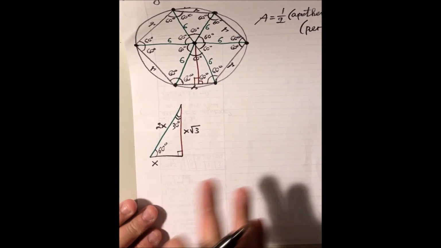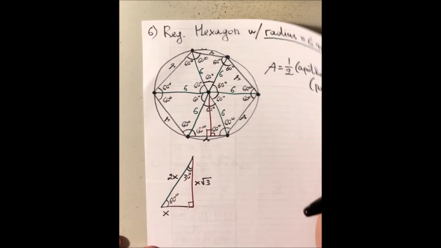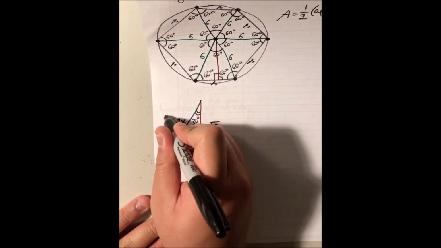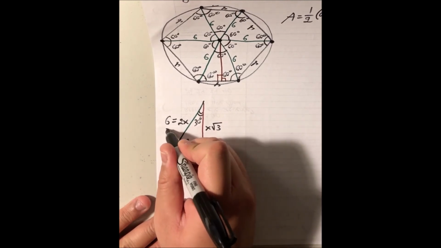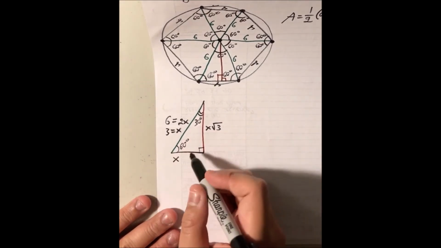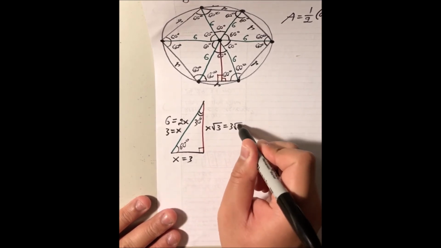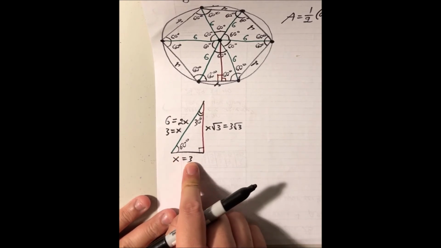Recognize that we are already given the radius, which is the hypotenuse in the green, and the radius is 6. So we set 2x equal to 6 and solve for x by dividing both sides by 2. We get x equals 3, and the apothem equals 3 times square root of 3.